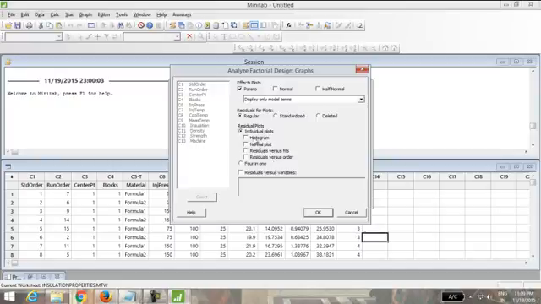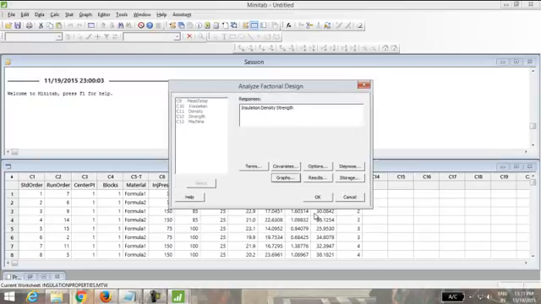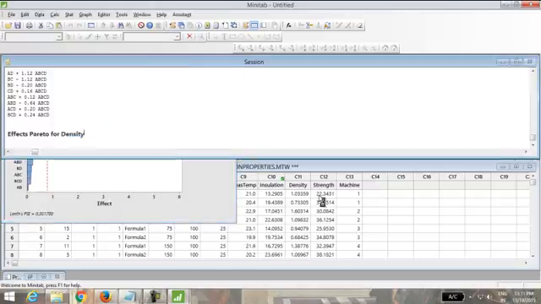Okay, we don't want a normal plot, and that should be it. We are also going to have a Pareto plot. I think everything here is done, and now we would move on to look at the analysis tables.